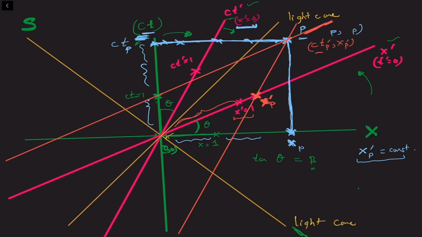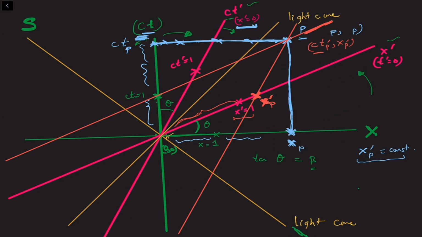So all points on this line have t prime equal to a constant, and so if they pass through the point P, which has coordinate ct_P prime, then all points on this line have time coordinate t_P prime according to the primed observers.